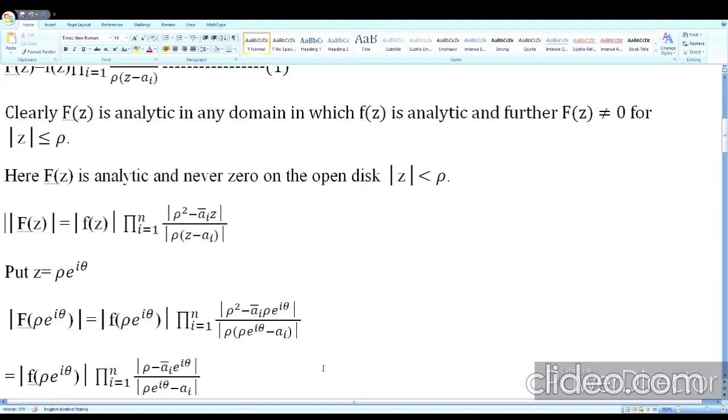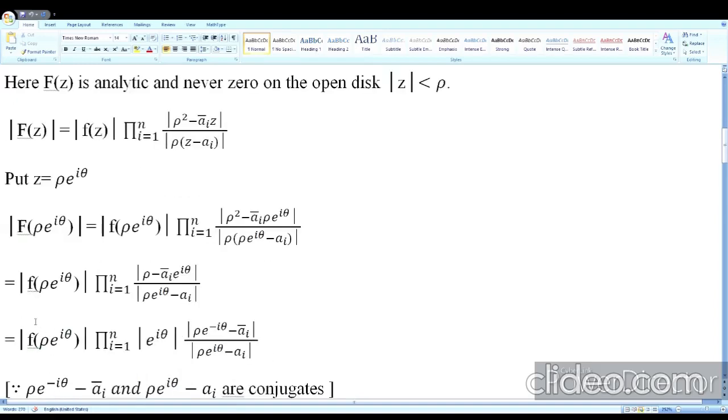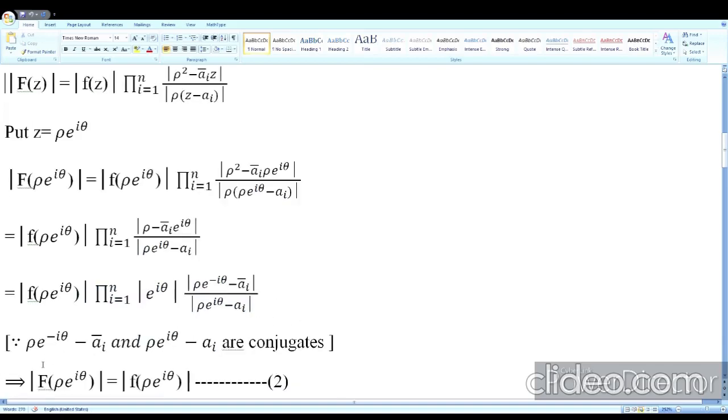The modulus of the product is the product of the moduli, and we can take e^{iθ} out from the numerator.